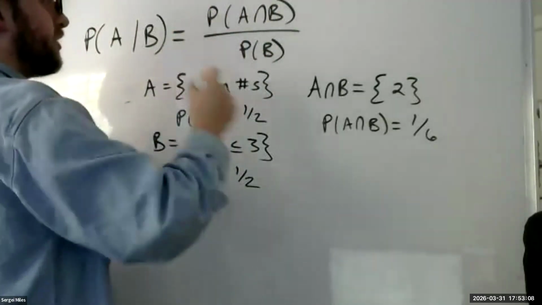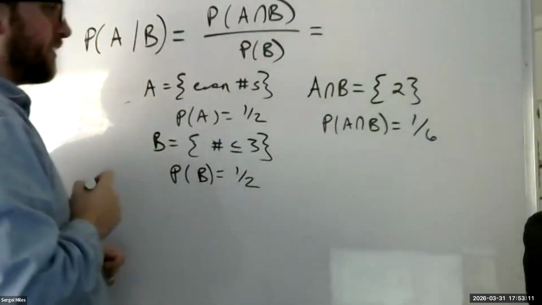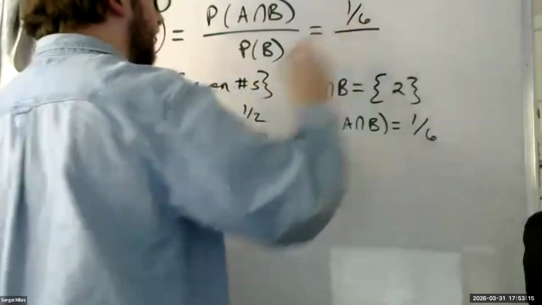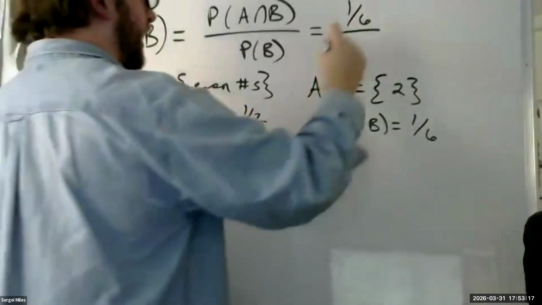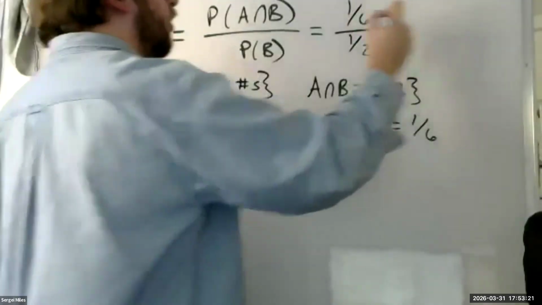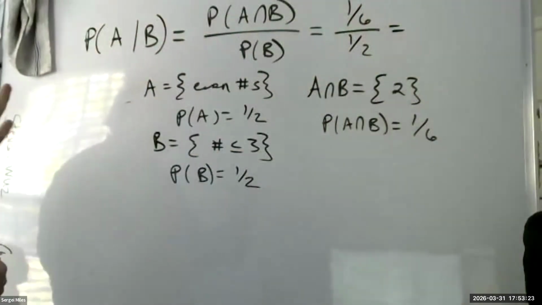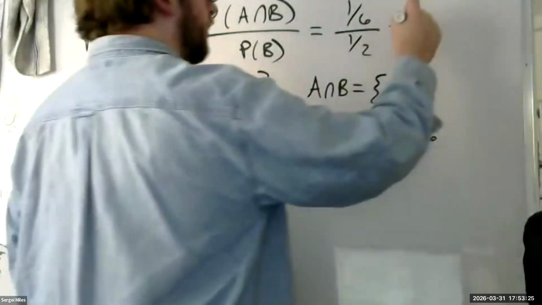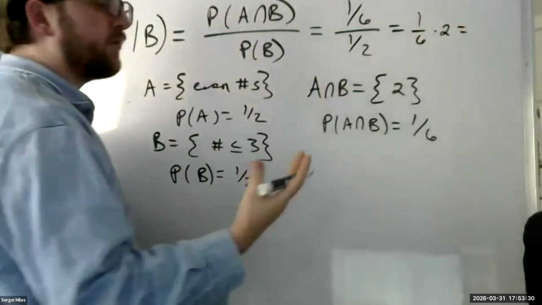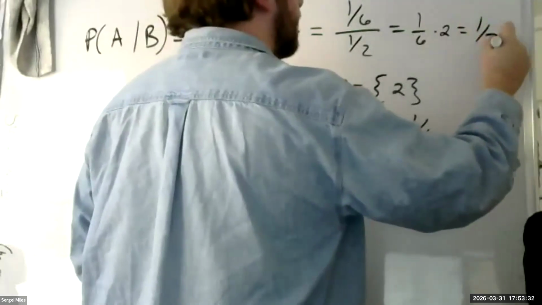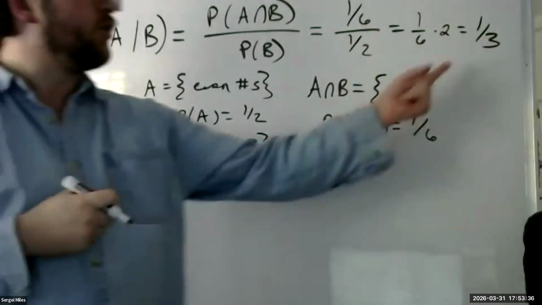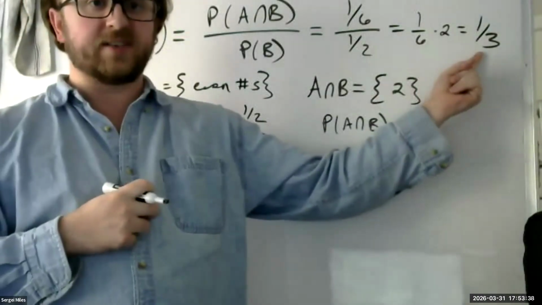The fact that B has happened first is changing the denominator, the possible outcomes. So for this calculation with the formula, the probability of the intersection is 1/6. The probability of B is 1/2. But recall, dividing by a fraction is the same thing as multiplying by the reciprocal. I would have 1/6 times 2, or 2/6, which is the same thing as 1/3, which, no surprise, we already knew was the answer.